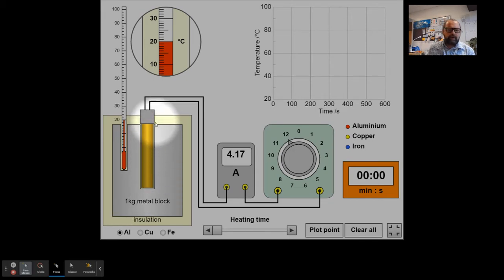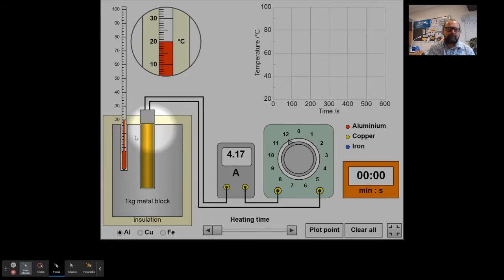So we've got a heater which is sitting inside a metal block. We know the mass of the block, that is important, and the temperature is going to be measured using this thermometer. Notice that the metal block is insulated, and that is to prevent too much heat transfer to the surroundings.